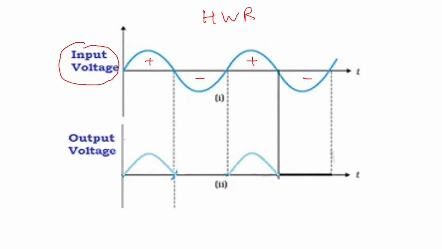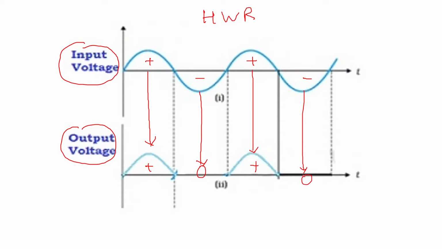Okay, so here you can see the output voltage. For the input voltage, you can see output voltage exists only when the input voltage is positive half cycle. When the input is positive half cycle, output is existing. When the input is negative half cycle, output is zero. Okay, so this is your half wave rectification process.